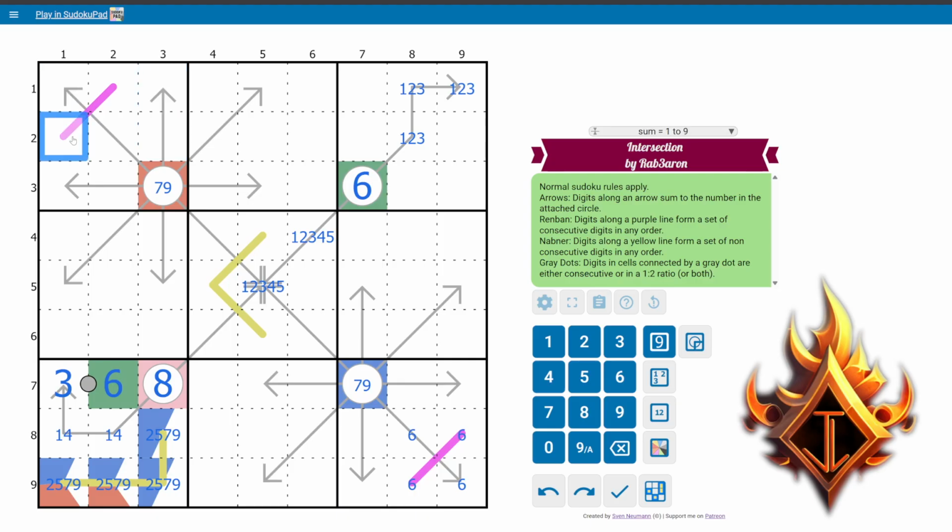It was 1 or 3. If this is 6, 5, 7, I don't see an issue with that either.